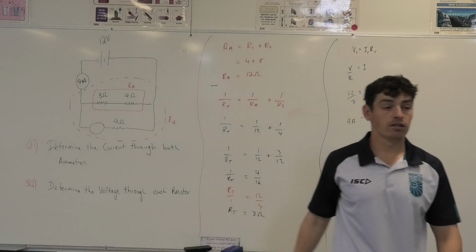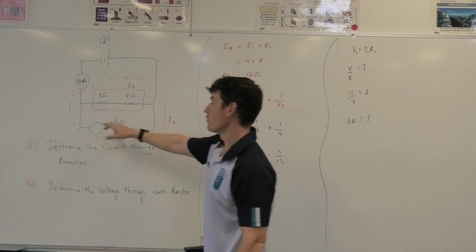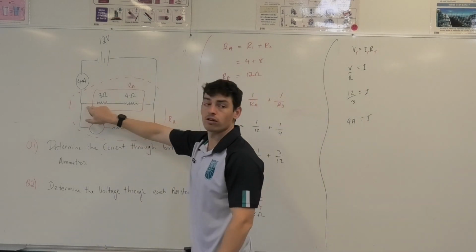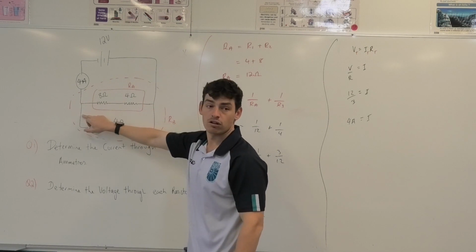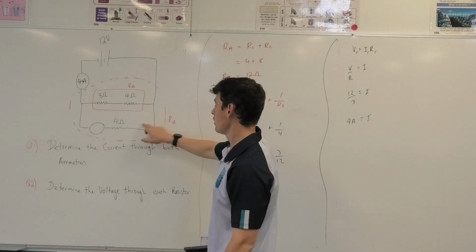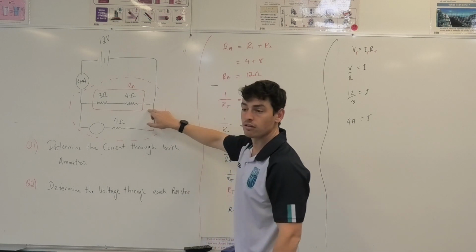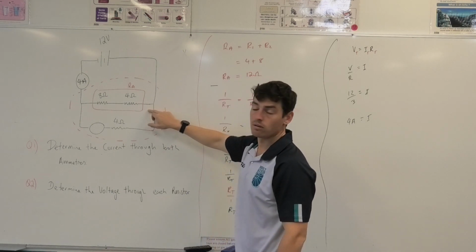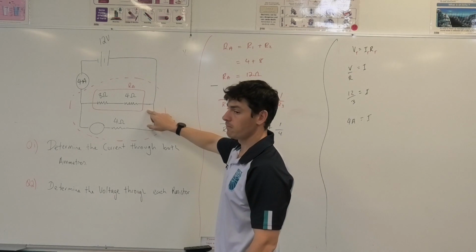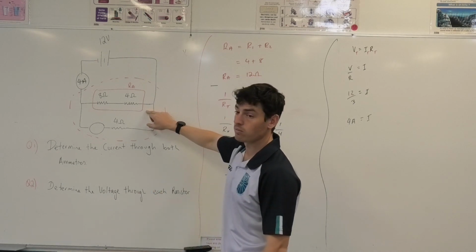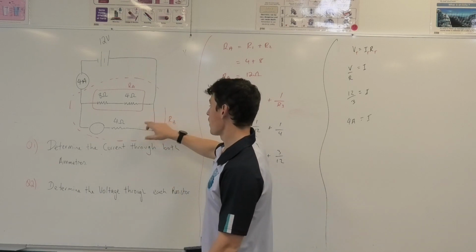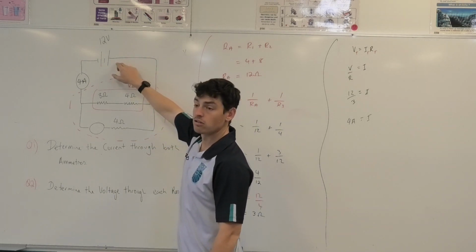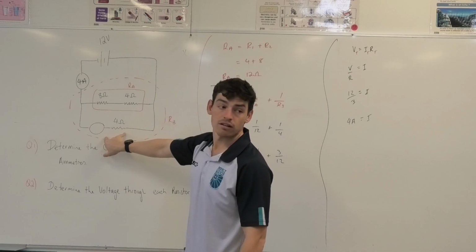No voltage, correct? So if you're an electron entering this wire, how many volts do you have? 12. When you hit this point here, how many have you got left? None. Why has it got none? Because there's 12. It's got to use all its voltage, correct? And there's nothing between here and the end of the battery. So it's got to use it all in here, correct?